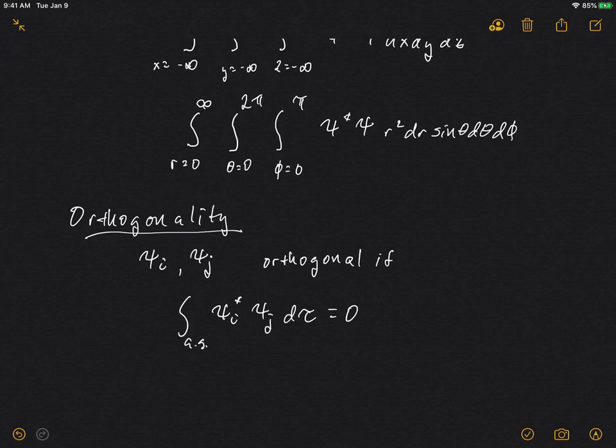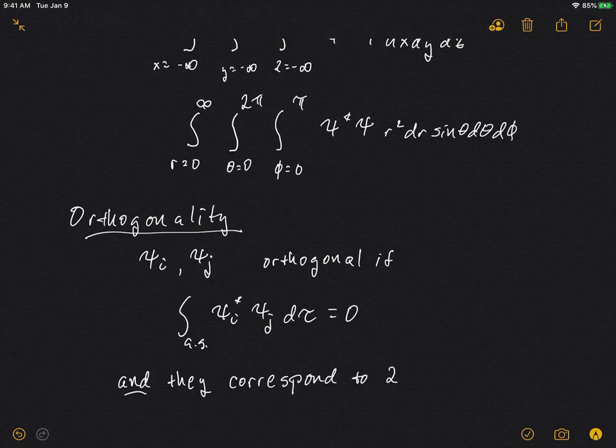And also, this has an important implication. This allows us to define whether or not two wave functions correspond to different states. So they're orthogonal and they correspond to two different states.